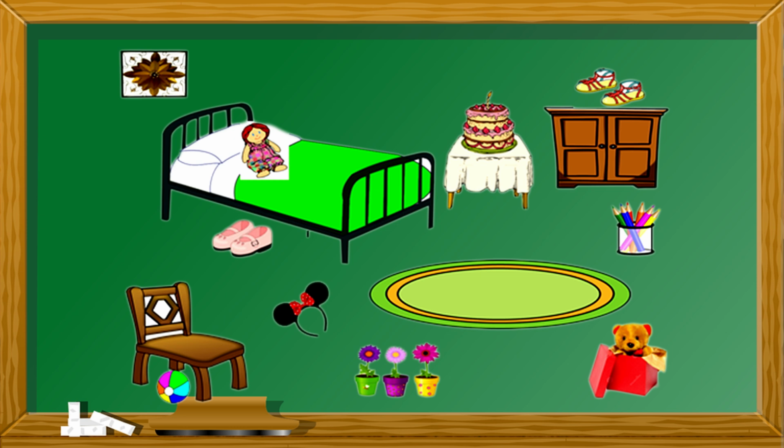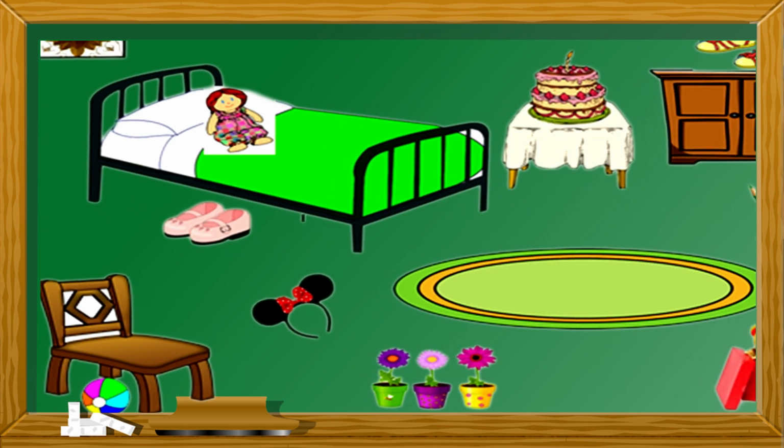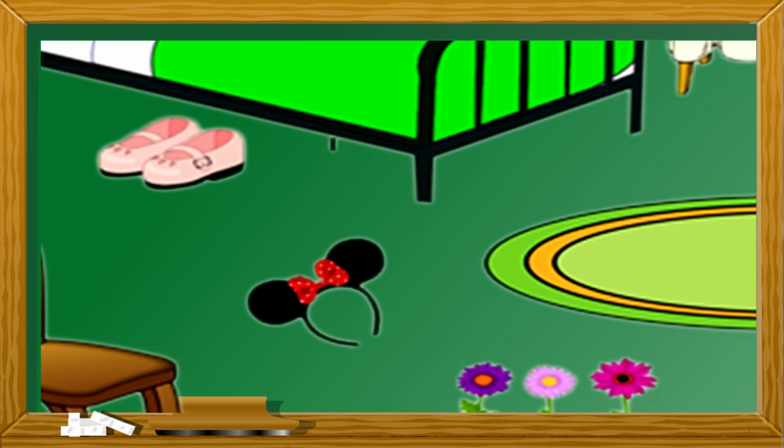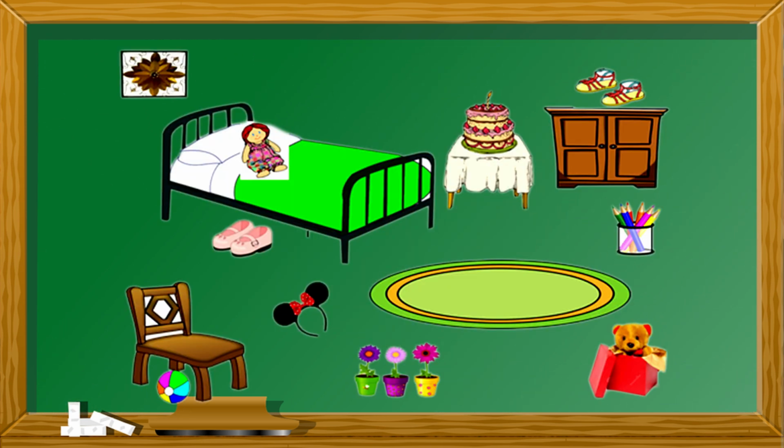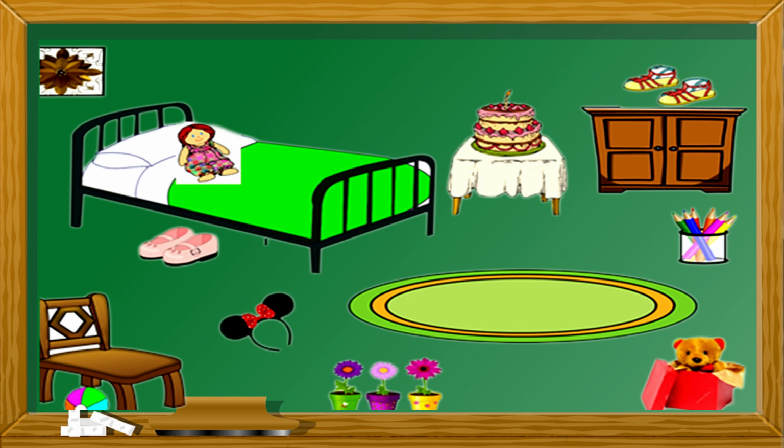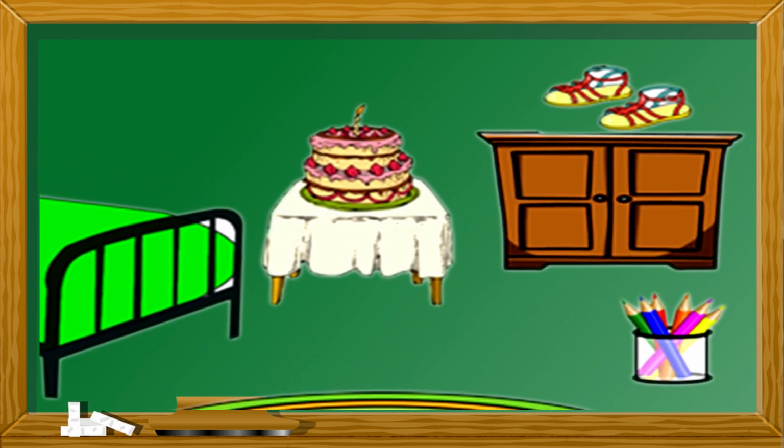Can we help Sarah find her headband? Awesome! Her headband is on the floor. I think she can't go outside to celebrate her birthday without her slipper. Can we help Sarah find her slipper? Very good! Her slipper is on the cabinet.